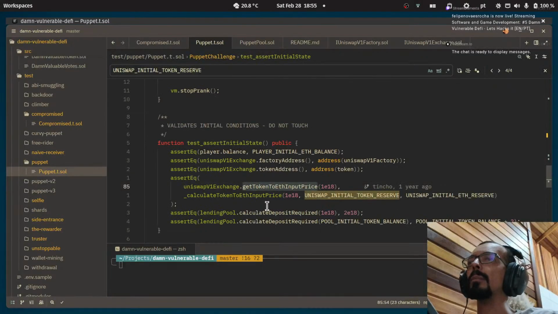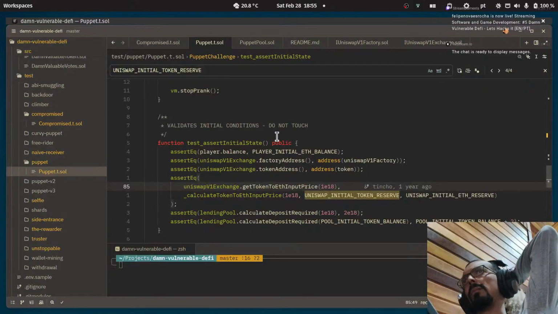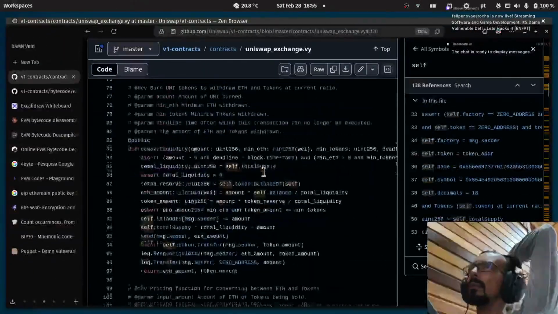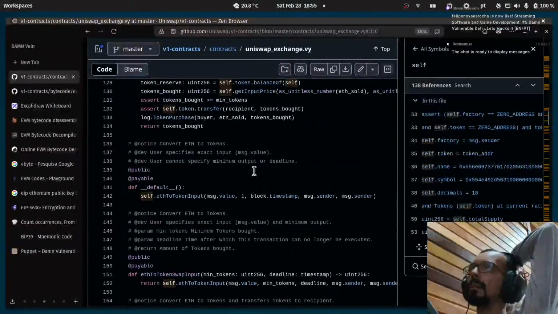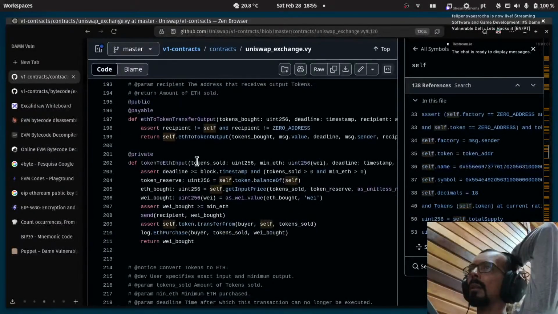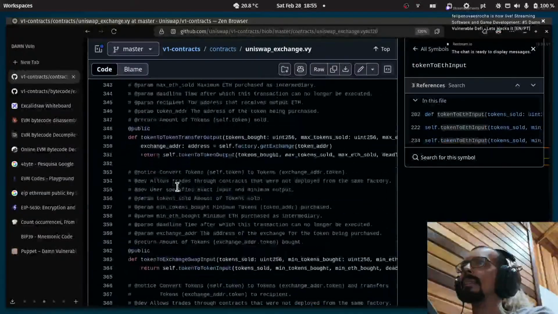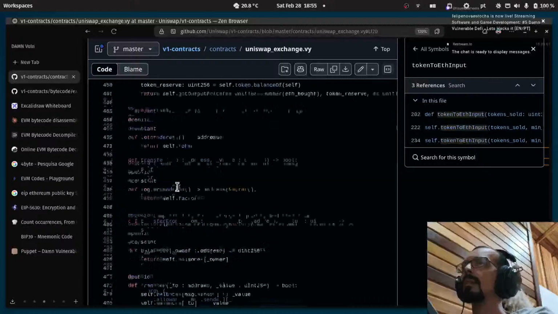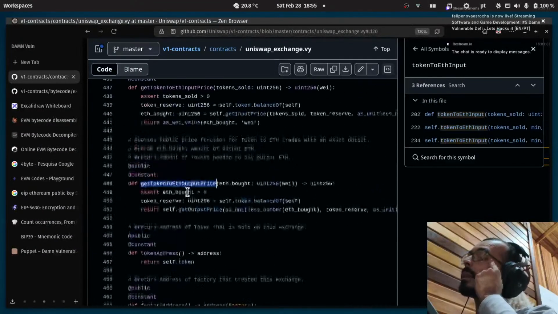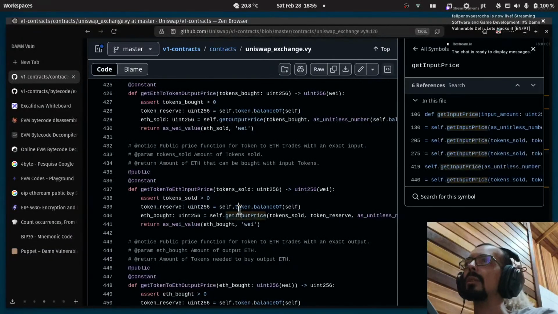Then I'm going to check the price, get token to Ethereum input price. So I think it's 1 Ethereum. I think it's that function because they don't write get on this. Oh no, they're here. So that should be token to Ethereum input price, that one. So they're going to take the DVT token.